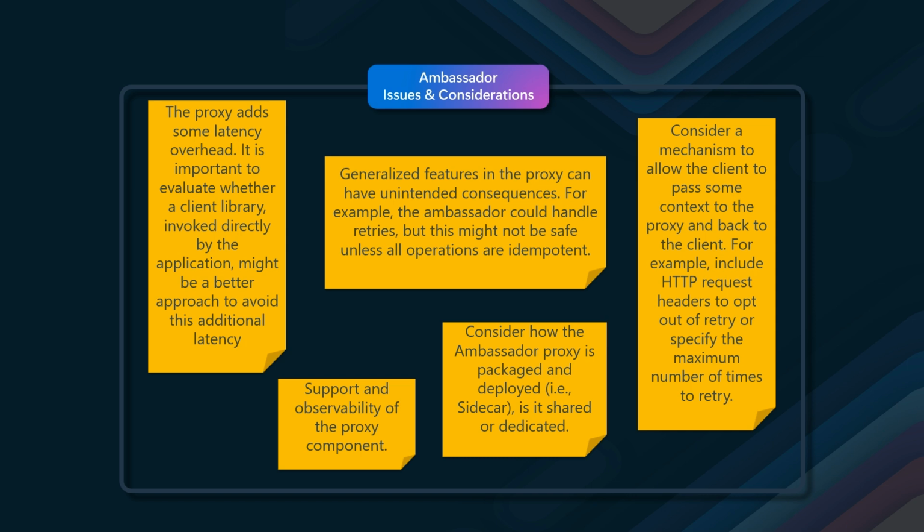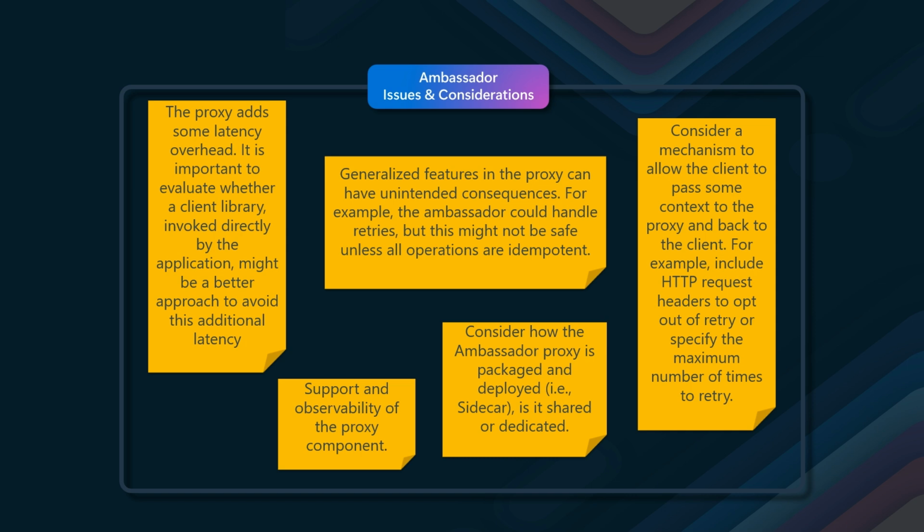Context passing. Consider a mechanism to allow the client to pass some context to the proxy and back to the client. For example, include the HTTP request headers to opt out of retry, or specify the maximum number of times to retry. This flexibility can help tailor the proxy's behavior to specific needs.